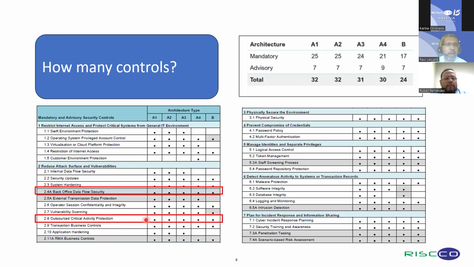In this slide, we are highlighting control 2.8, which for 2024 becomes mandatory and has to do with outsourced critical activity. This outsourced activity is very usual nowadays.